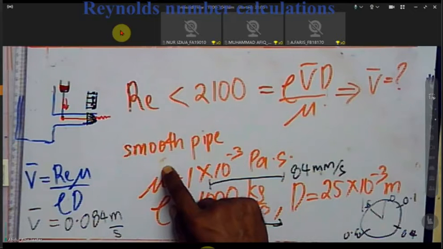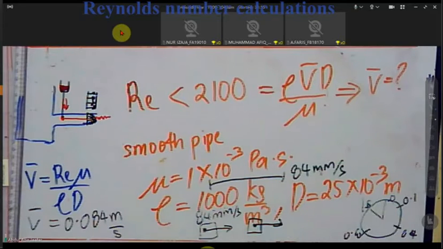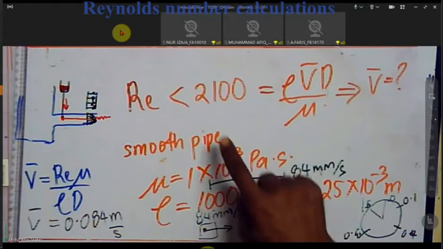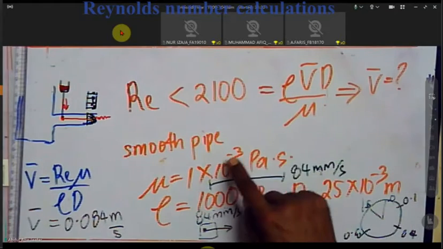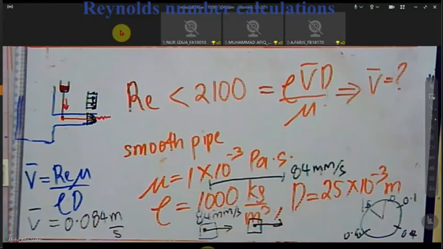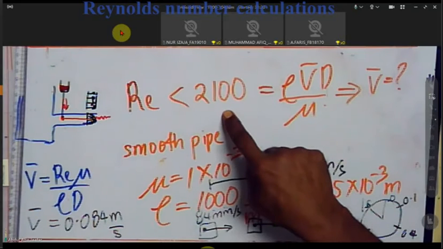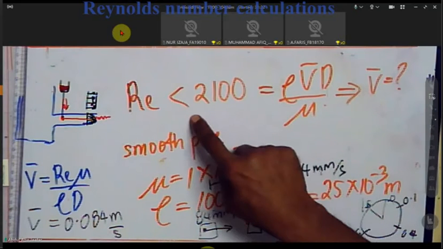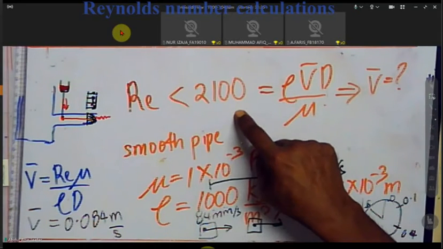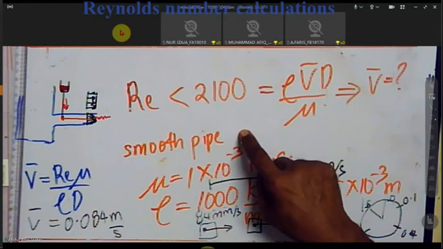Or if the pipe is corroded, for example, the fluid will become turbulent at a very low Reynolds number. If we have a very good shining smooth pipe, we can extend this further. But this is specific only to smooth pipe, so you cannot use it for other geometry.